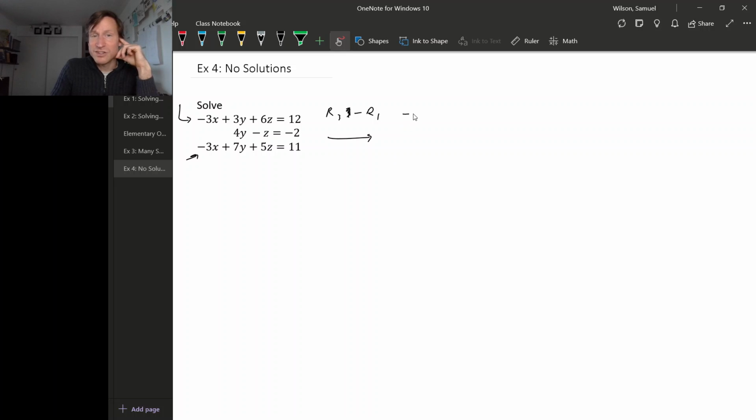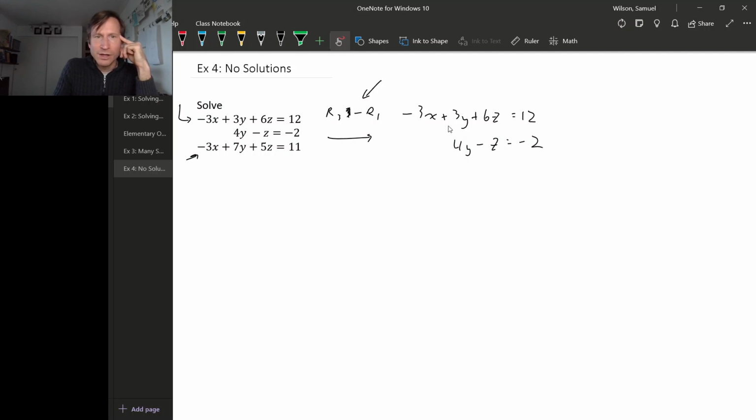So the first equation doesn't change: minus 3x plus 3y plus 6z equals 12. The second equation doesn't change because our row operation doesn't involve it: 4y minus z equals minus 2.